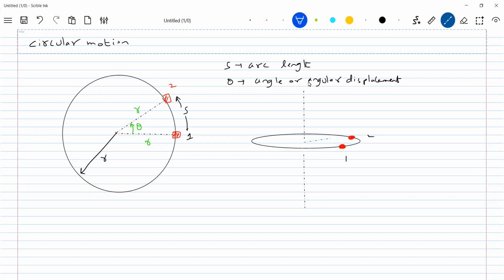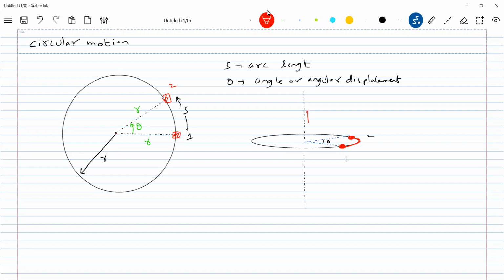This will be the arc length. So this red color, I'll show it. This is the arc length, and this will be the theta. Theta is an angular displacement. Look at the word displacement. So definitely it has a direction. Whatever the direction of theta is, upward.